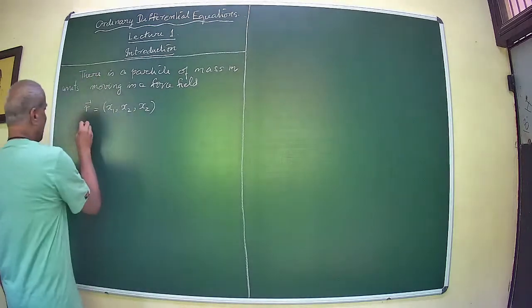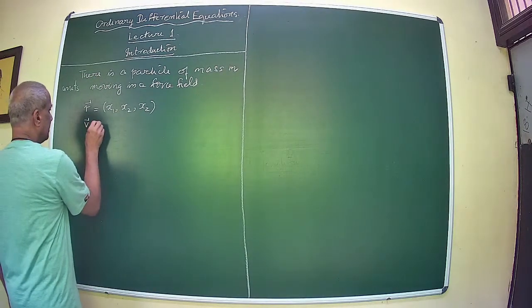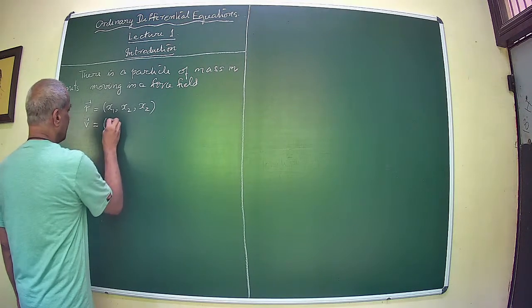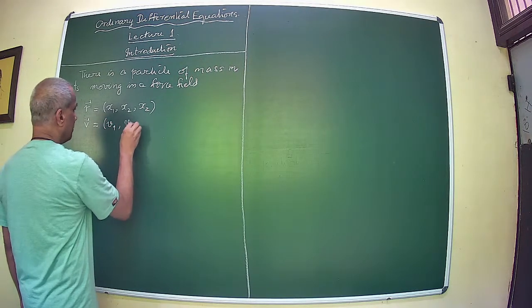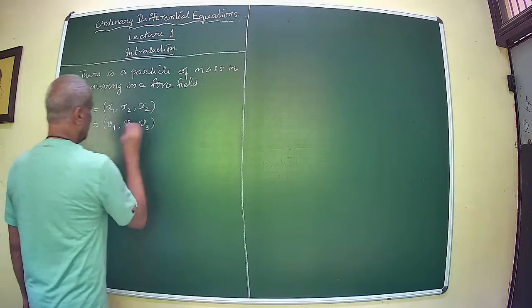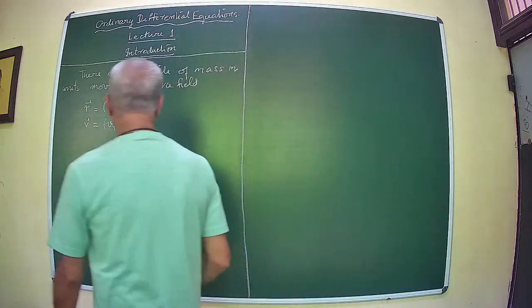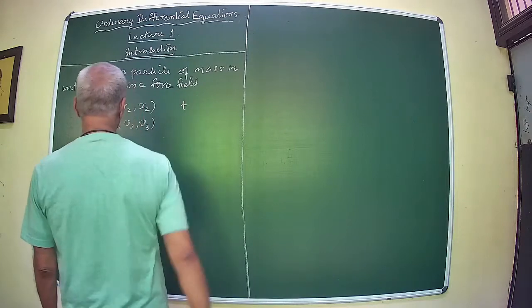Then we take the velocity, the vector v, with the components v1, v2, v3, and then of course t is the time.